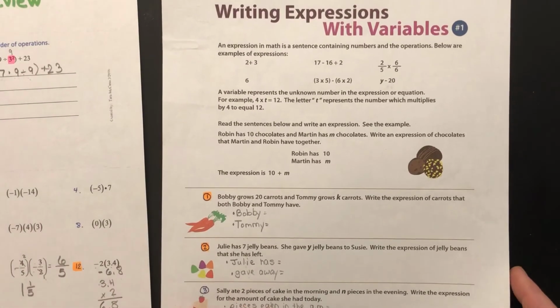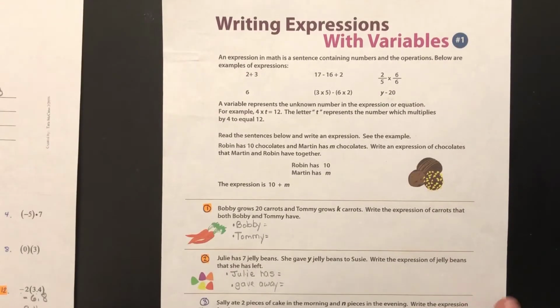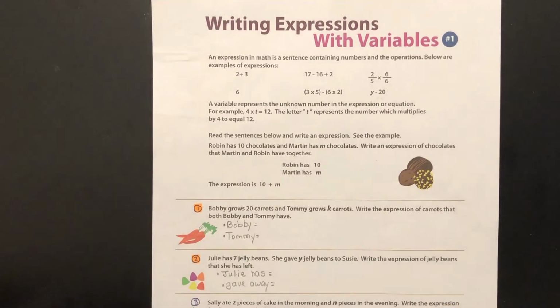Now, we are going to work on writing expressions with variables. This is very, very, very important. When you translate a word problem into math, you always need to identify your variables.